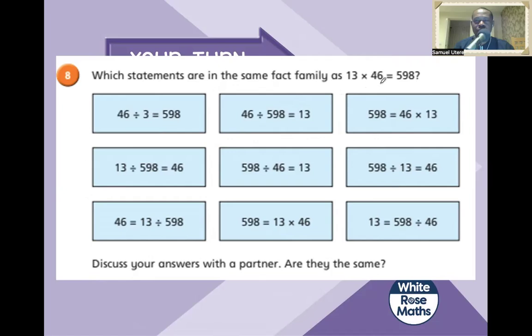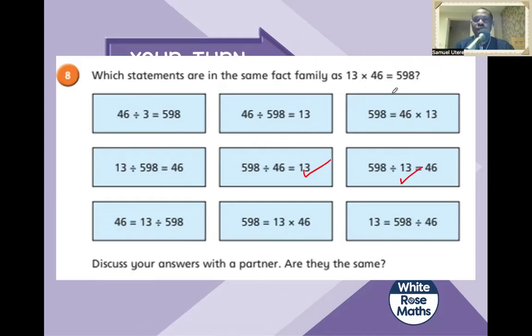If 13 times 46 is 598, the first one could be 598 divided by 46 will be equal to 13. That's one. Another one is 598 divided by 13 will be equal to 46. That one.